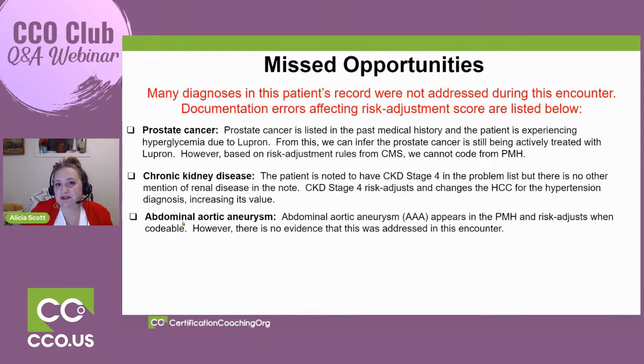No evidence that it was addressed anywhere, and you can't use aspirin for an aortic aneurysm as a link. Some might push it and say, well, yeah, you can, because they put you on anticoagulants. However, they would probably say no. So again, aortic aneurysm, that is another high HCC, which would affect the RAF score.